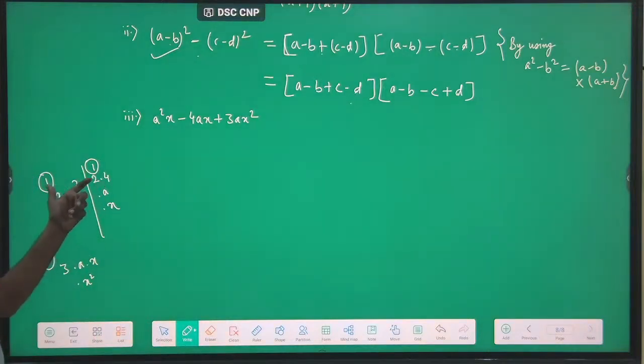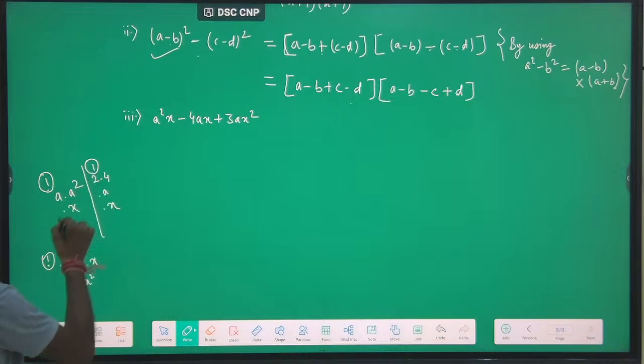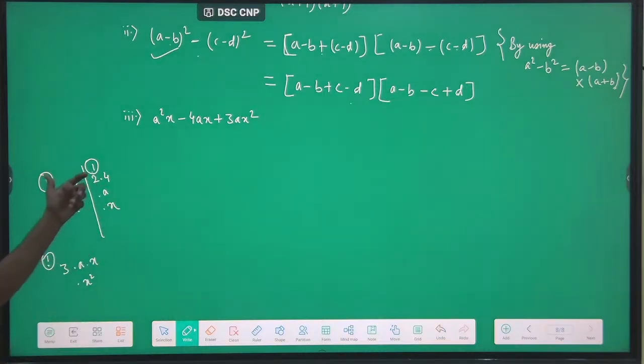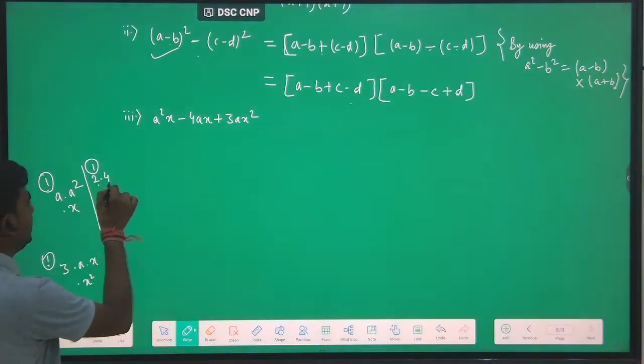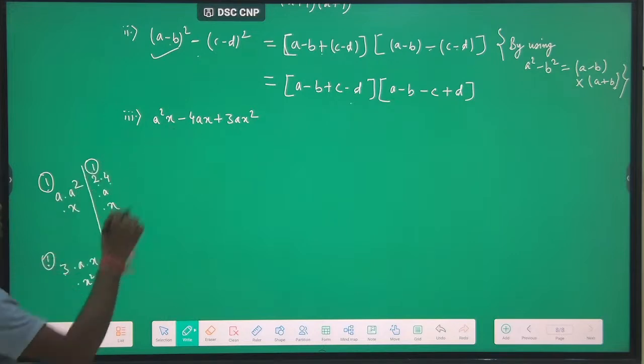So what are the common terms in all this? If we see, 1 is the common term for all this. Okay, here it is 2, here it is 4, here it is 3, but 1 is common in all the three terms.